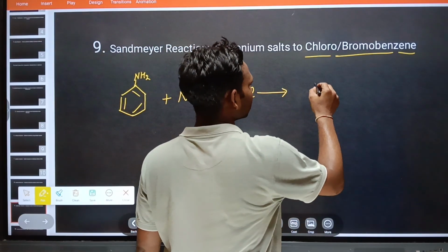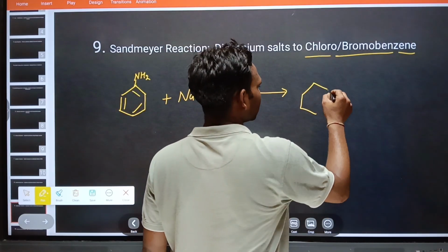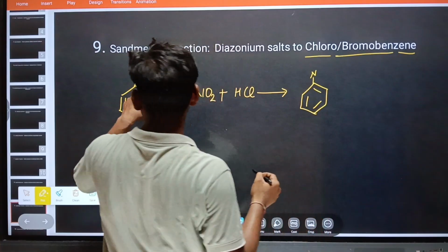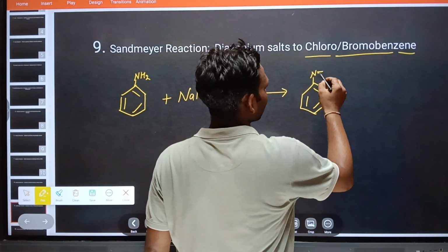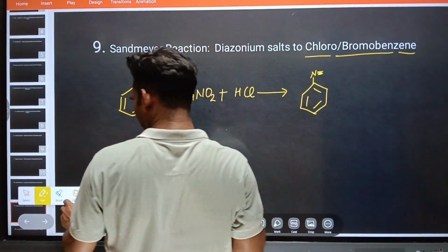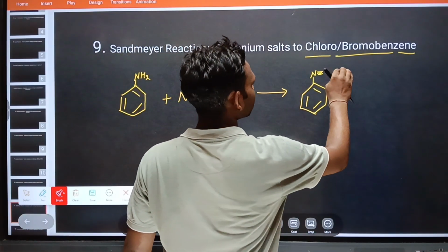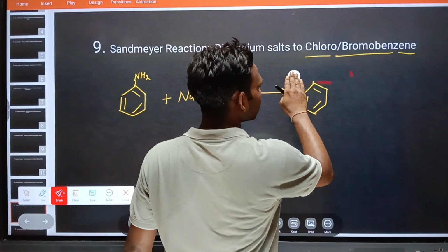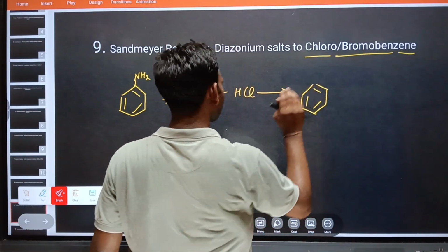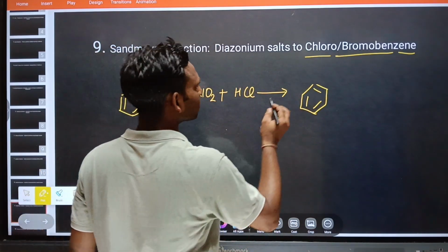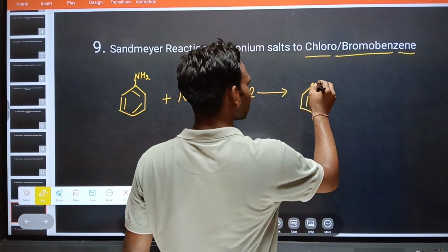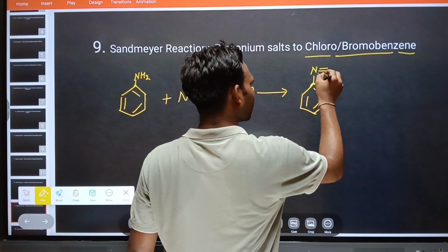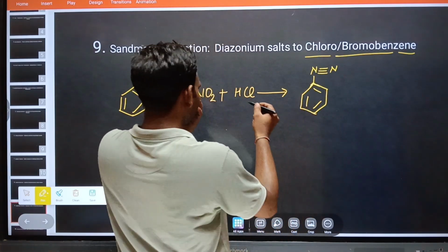Then it forms the diazo salt, with a triple bond and Cl.